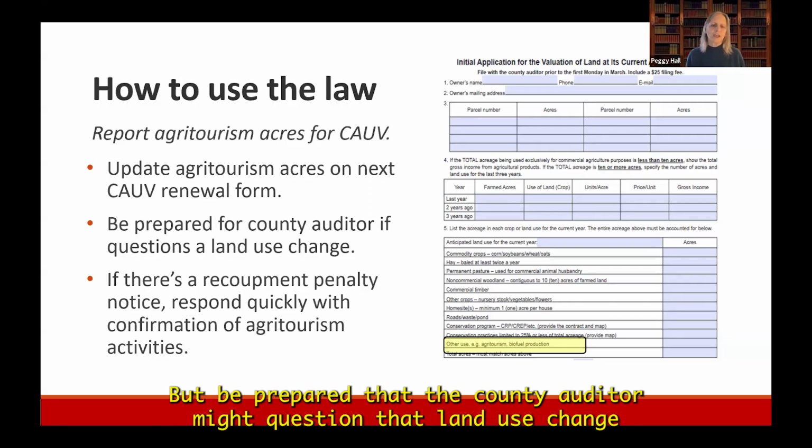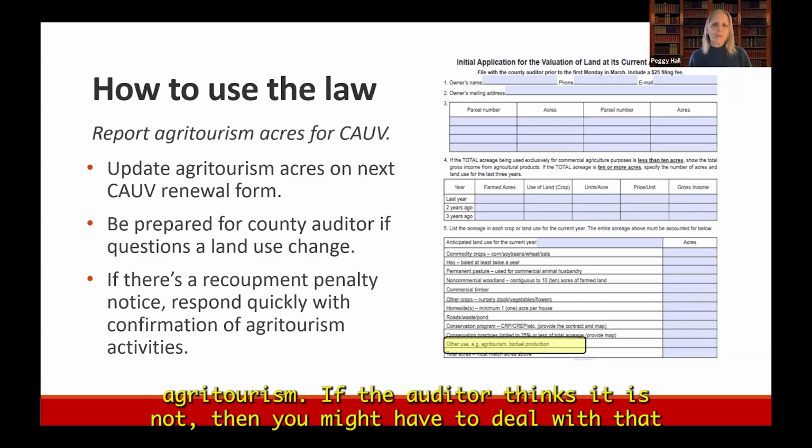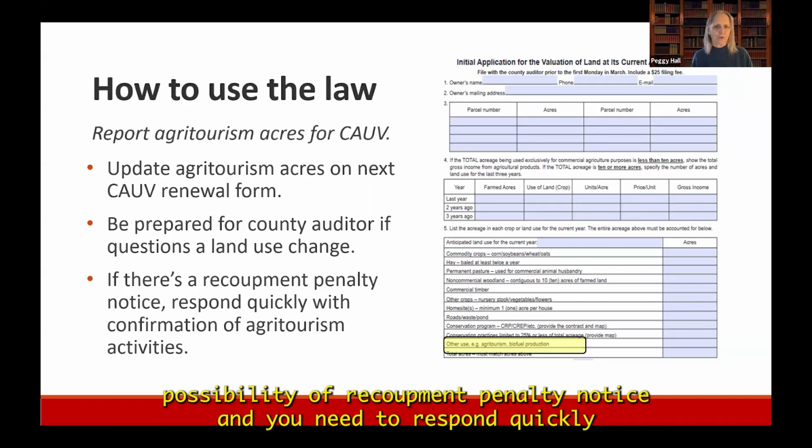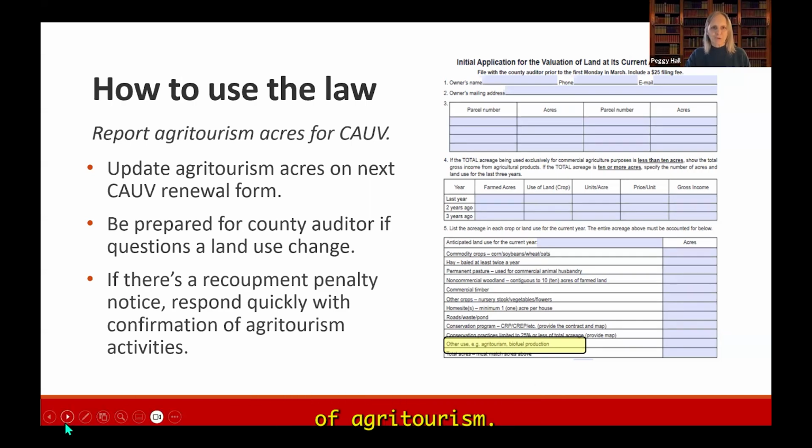But be prepared that the county auditor might question that land use change and confirm that that activity is indeed agritourism. If the auditor thinks it is not, then you might have to deal with that possibility of a recoupment penalty notice, and you need to respond quickly and show that those activities do meet the definition of agritourism.